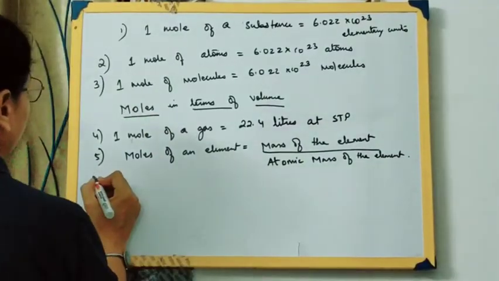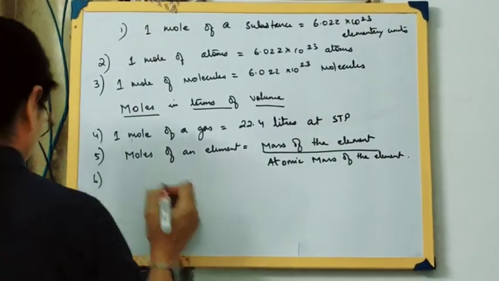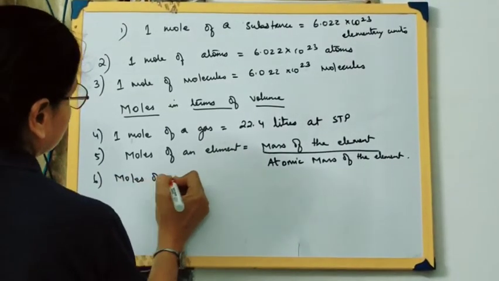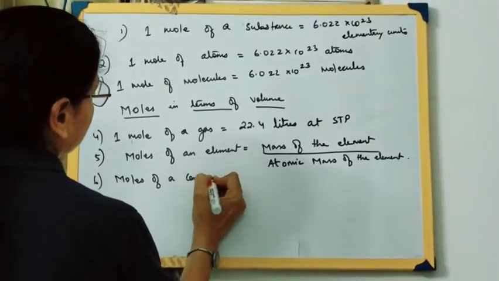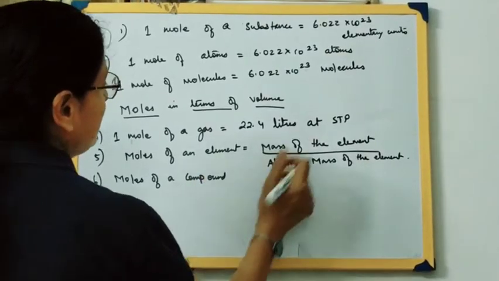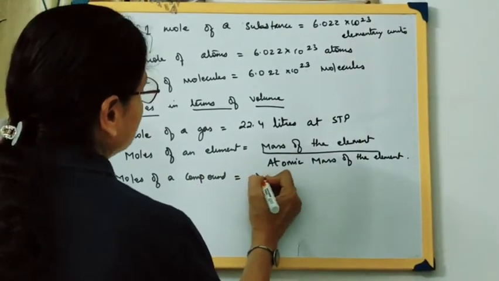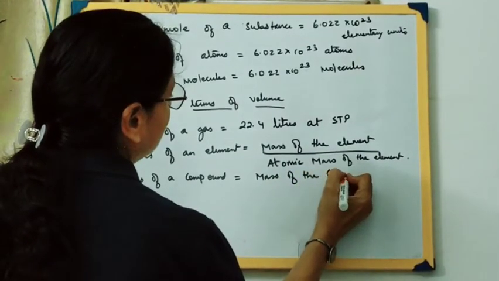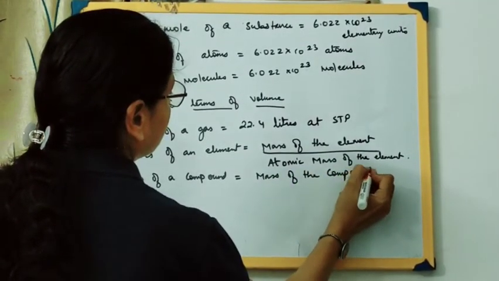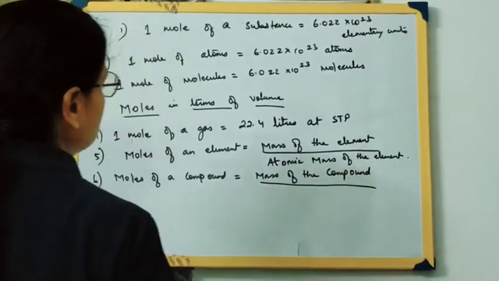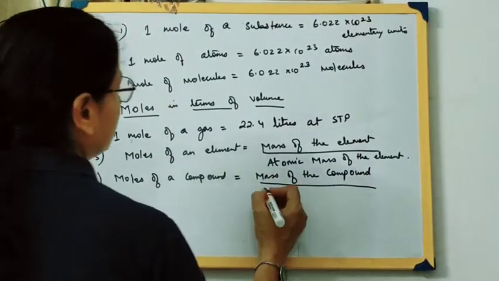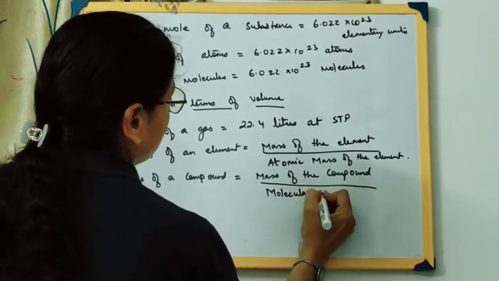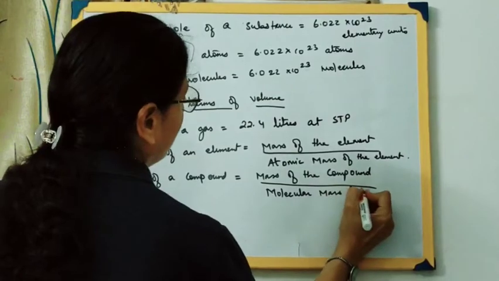Similarly, moles of a molecule or moles of a compound will be the same as this, that is mass of the compound upon, instead of atomic mass, molecular mass of the compound.